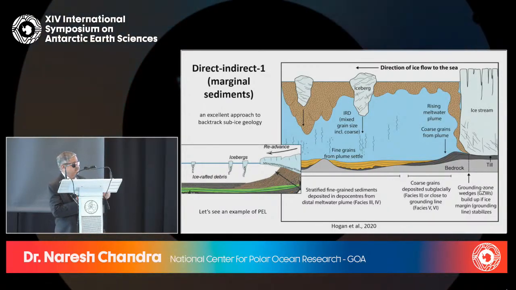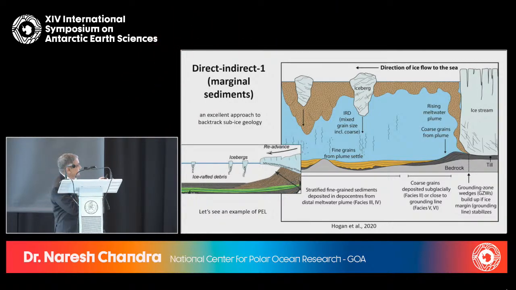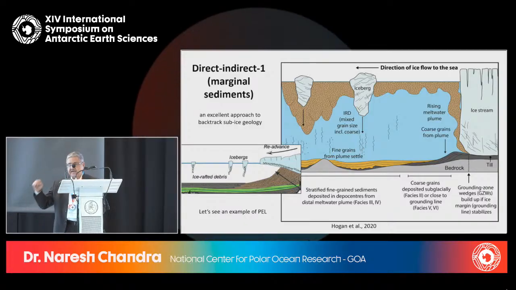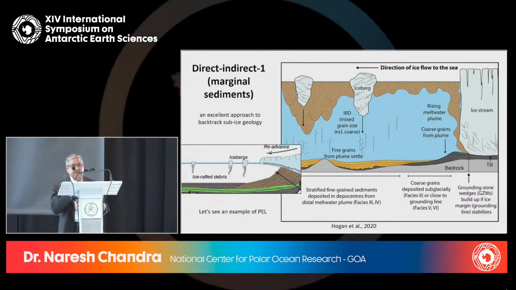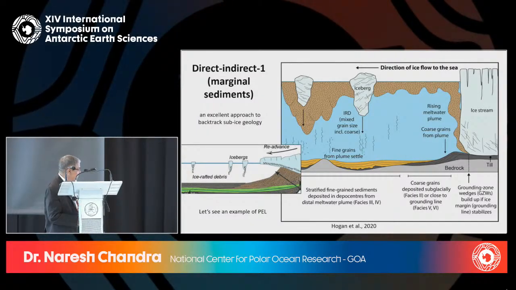So there could be ice-rafted debris, including coarse material as well as fine grain. So if there is a good control of the currents and the source, this can be a very good source. And I'll show you some work based on this later.